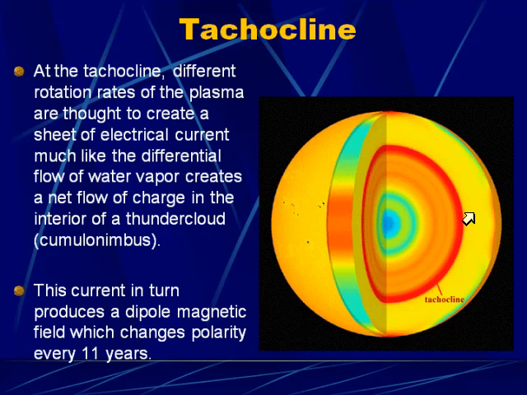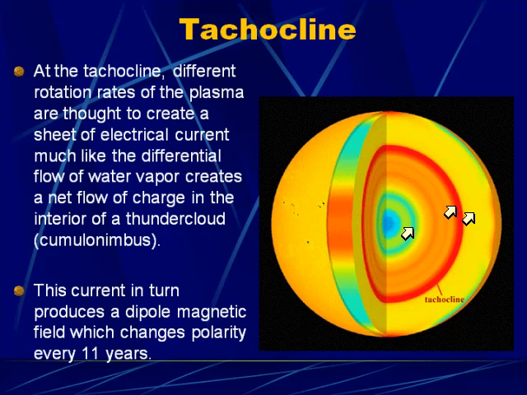So everything's rotating at the same rate, more or less. Below that, however, there are different layers where you have faster rotating gas and slower rotating gas. Okay? This place where the gas suddenly changes rotational speed is known as a tachocline, and this is most likely responsible for the magnetic field that we see in the sun.